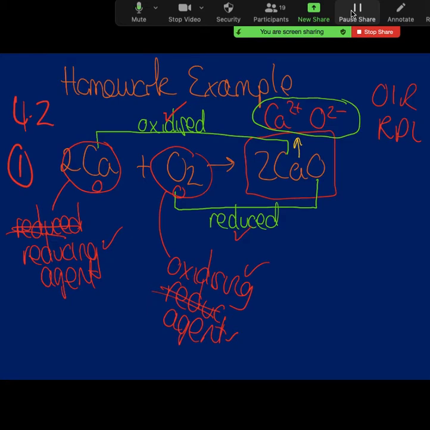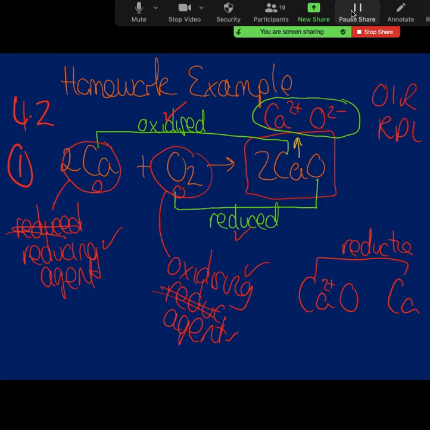So you don't need to confirm things. And just to be clear, if this reaction was flipped and it was the CaO, this is why doing it the way I've just shown you is better. If it was going the other way, it would be going from Ca2+ to this way. So this would be a decrease in oxidation number. It would be reduction.